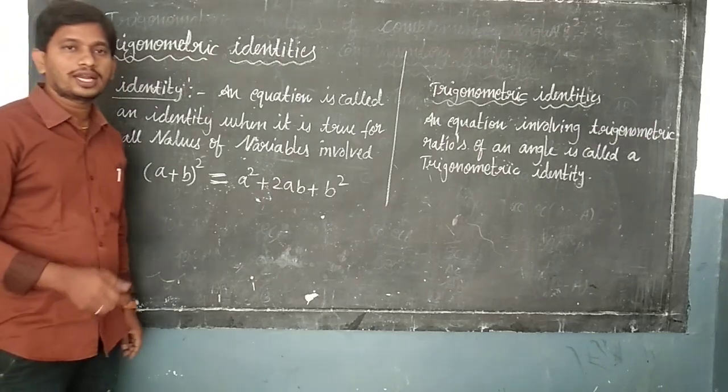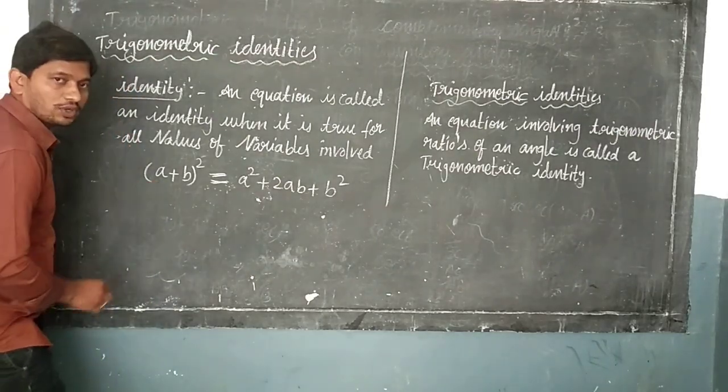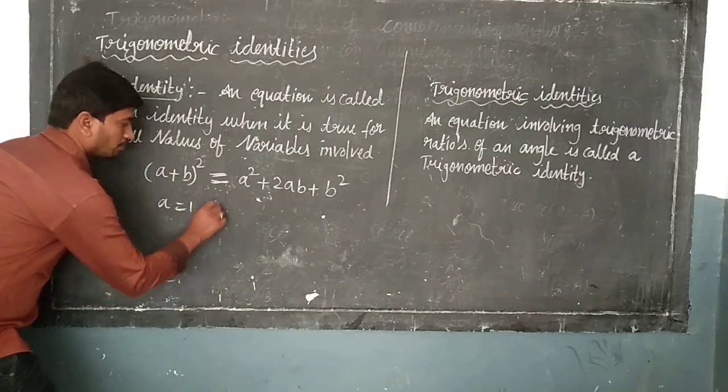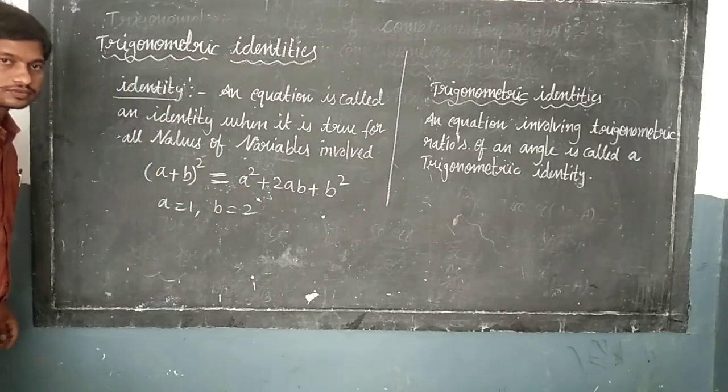For example, let me take variable a equal to 1, b equal to 2.